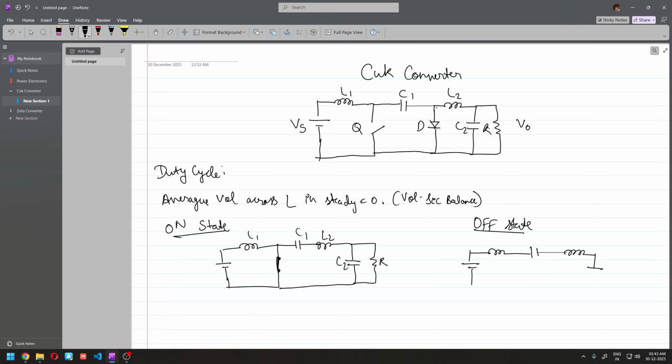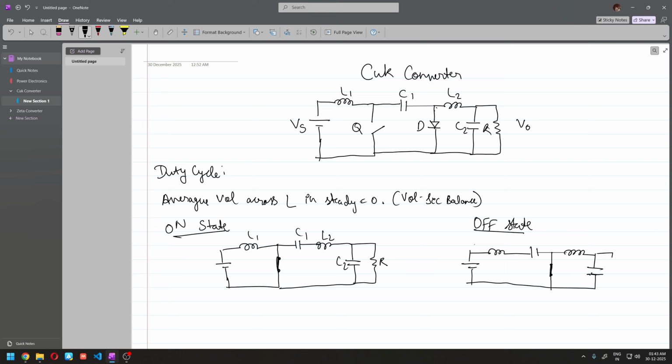But one difference here is these two are not in series. The diode is going to be forward biased here, because you can see the current is going to be flowing in this direction. Assuming ideal switches, the diode as an ideal switch and the actual switch as an ideal switch, this is the closed diode.